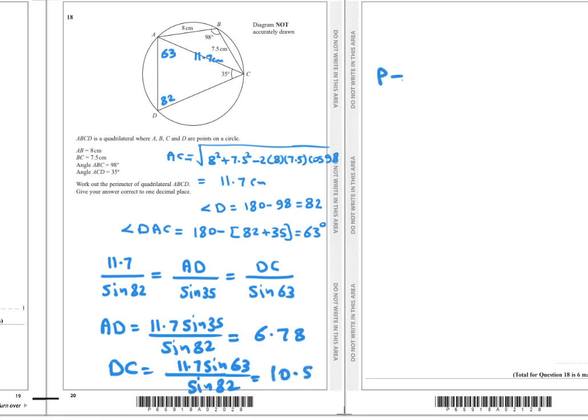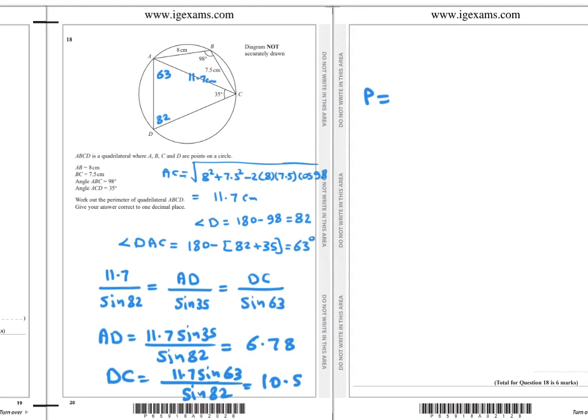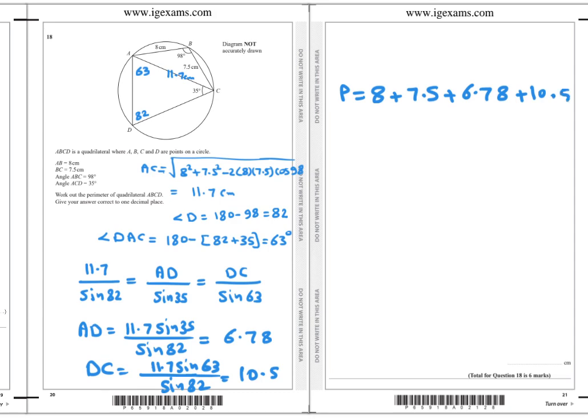Now the perimeter equals 8 plus 7.5 plus 6.78 plus 10.5 equals 32.8 to 1 decimal place.